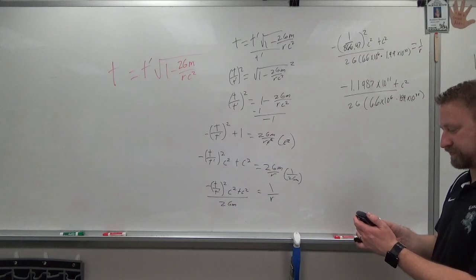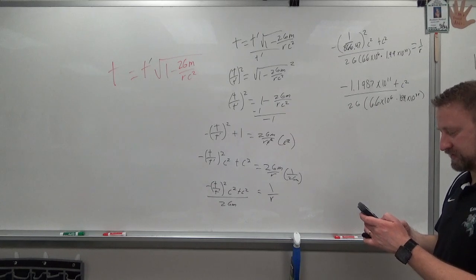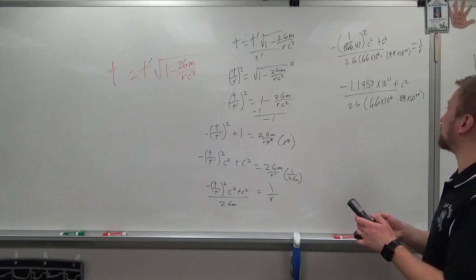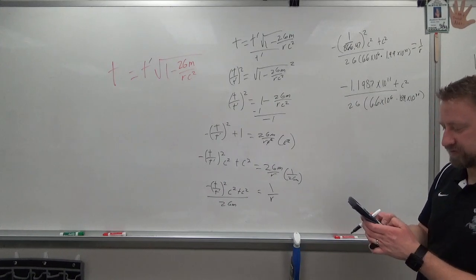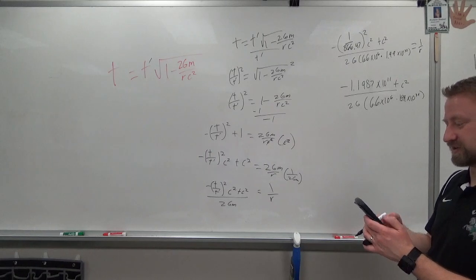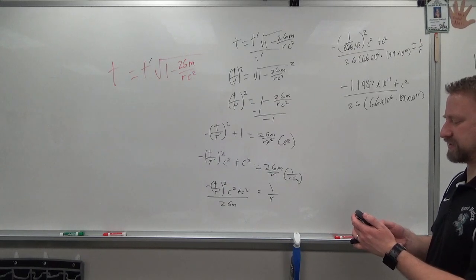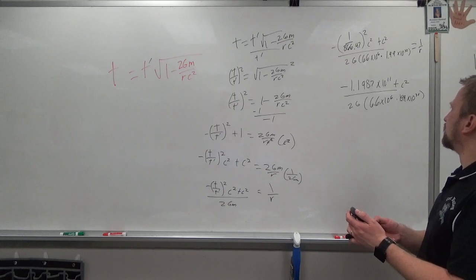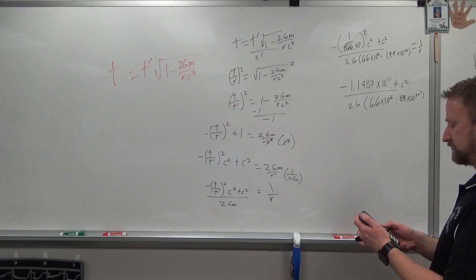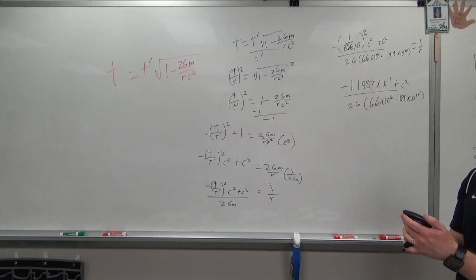I made a mistake. So negative answer plus whatever 3e to the 8th squared is. I hope I did this right. That doesn't seem right. I think I screwed up here. I'm going to have to rework this. Ready?